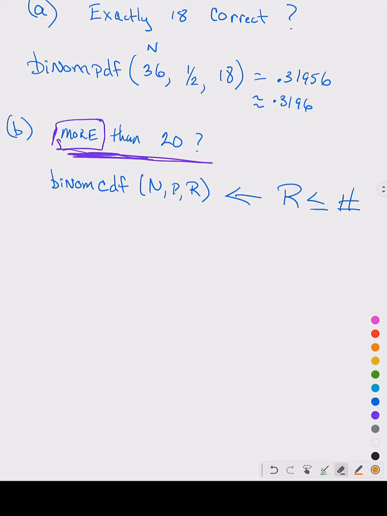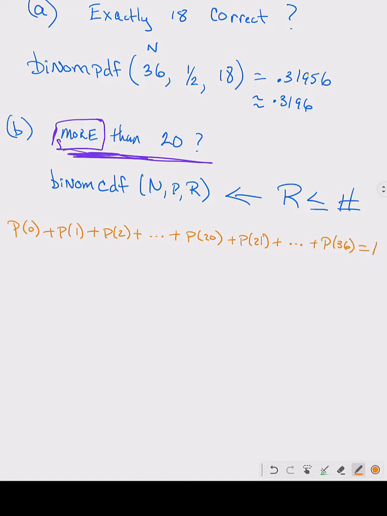Okay, so let's write this all out. The probability of 0 guessed correctly plus the probability of 1 guessed correctly plus the probability of 2 guessed correctly, skipping ahead, the probability of 20 guessed correctly plus the probability of 21 guessed correctly, plus up to the probability of 36, so all of them guessed correctly.